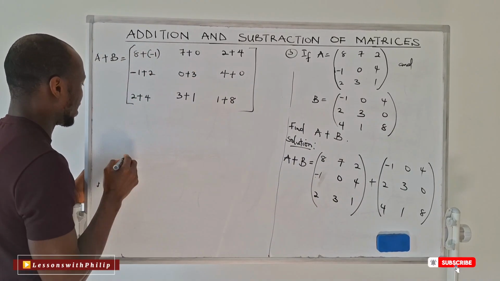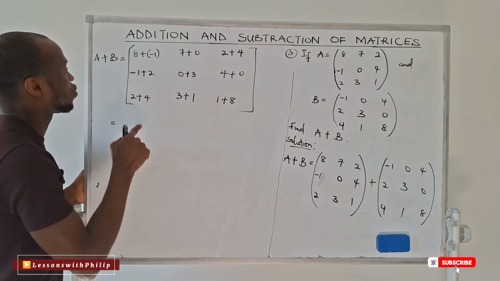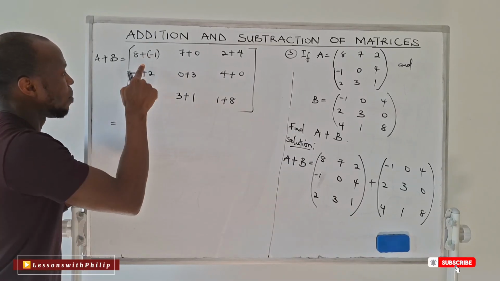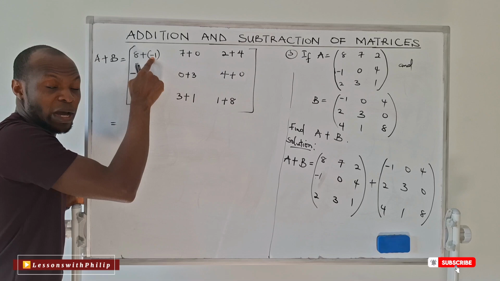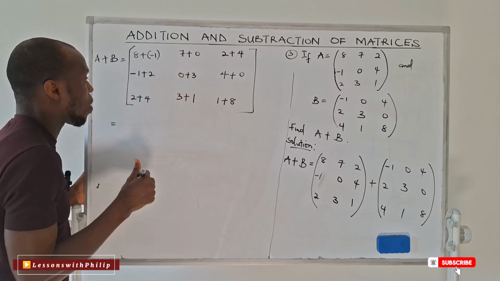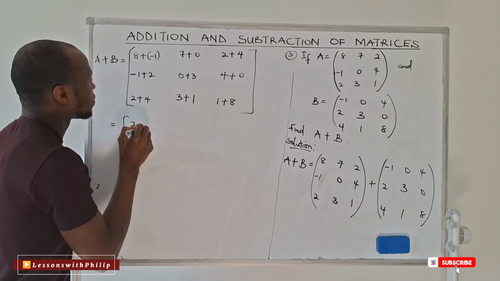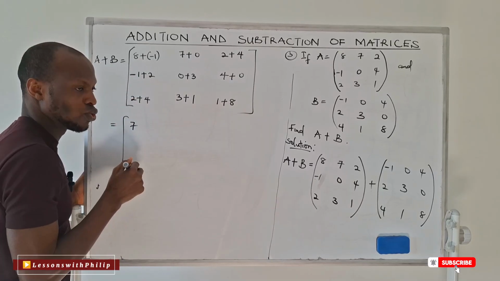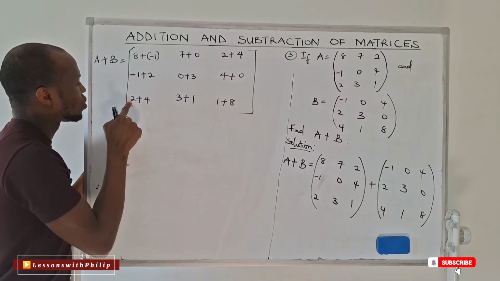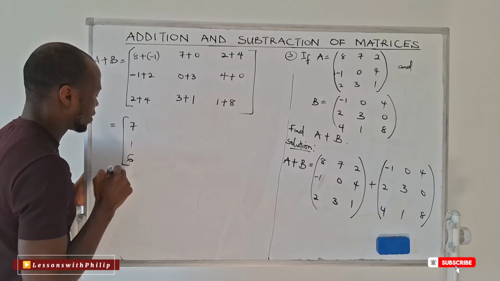So can we do the mathematics? This will be equivalent to 8 plus minus 1. Plus times minus will give us minus, so that will give us 8 minus 1, which is 7. Minus 1 plus 2 will give us 1. 2 plus 4 will give us 6.